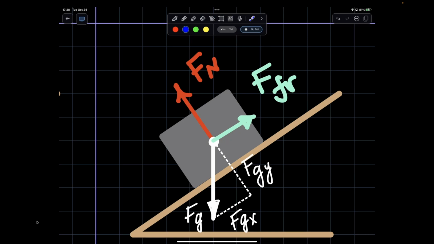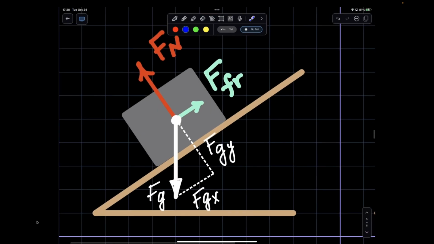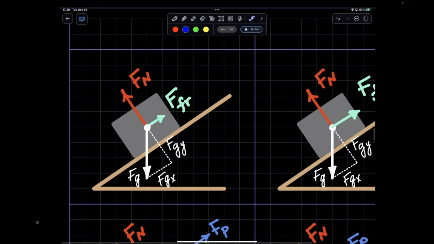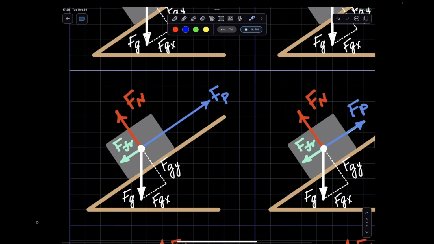My object could be sliding down with a constant velocity. Now if I look over here, then this definitely is longer than force of friction. So it's definitely sliding down. Not only is it sliding down, it's sliding down with acceleration because my mgx is greater than force of friction up the incline. So it is outpowering it and it's therefore accelerating.